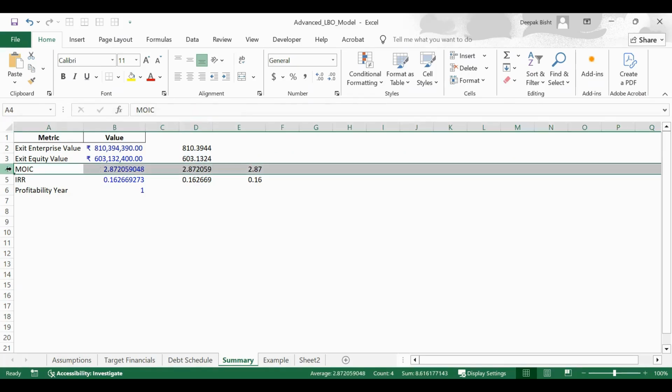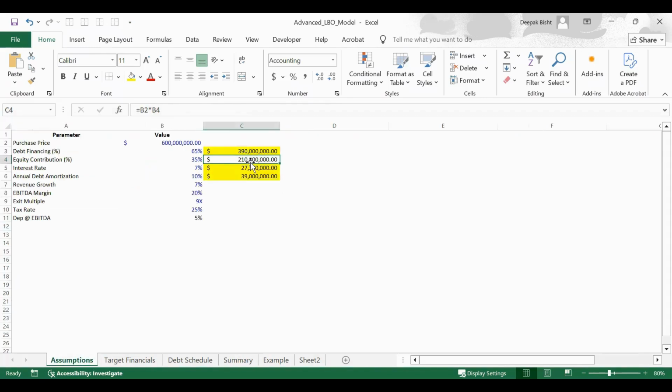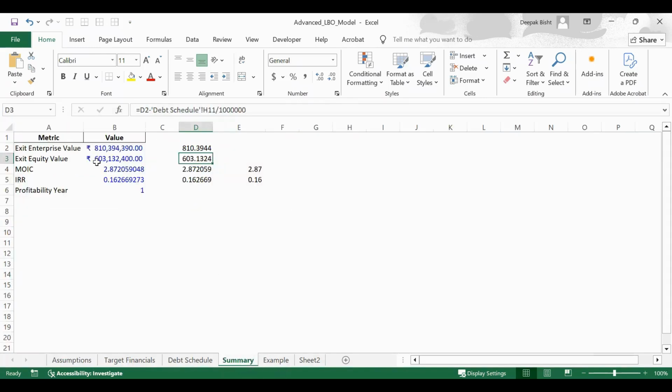MOIC means multiple on capital employed. The exit equity value is 603 million, and we employed $210 million of our own. So this is the capital employed, the return on multiples of capital employed.